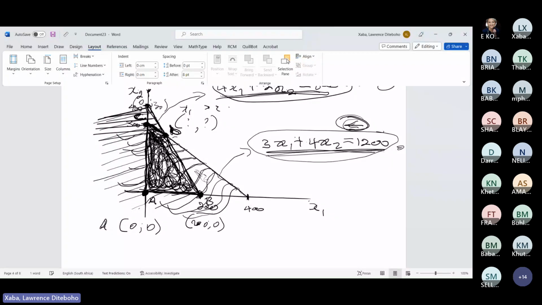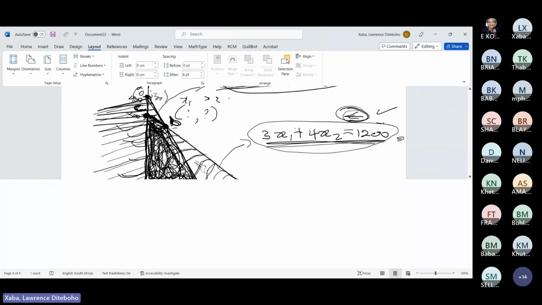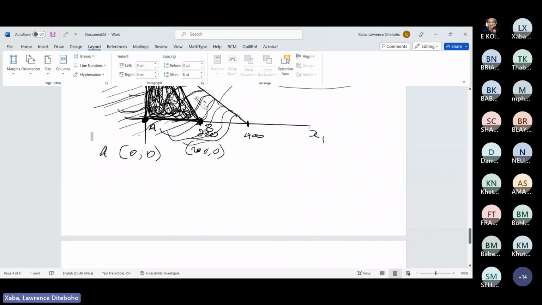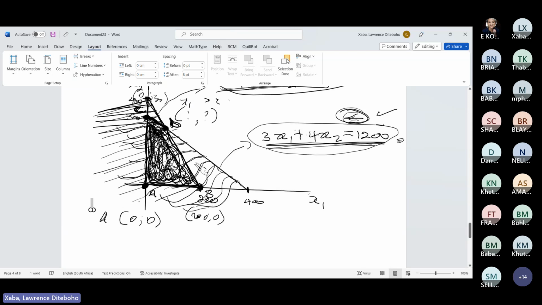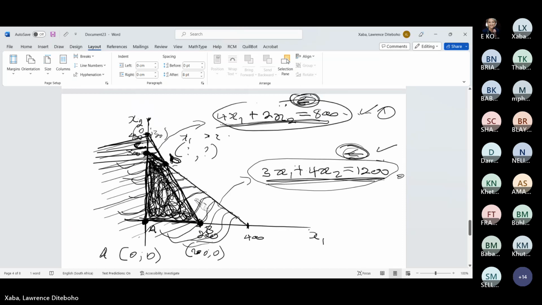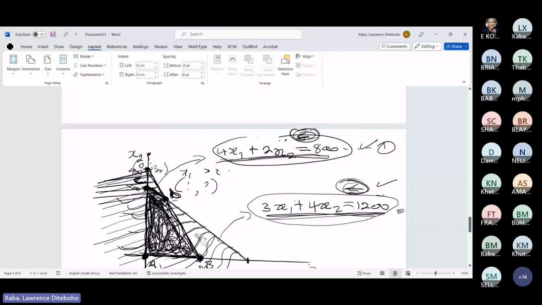You can apply simultaneous equations, or equate these two, like we did when doing supply and demand, or elasticity, where we equate two equations to find two values that represent our x1 and x2. These are the two equations that intersect here.